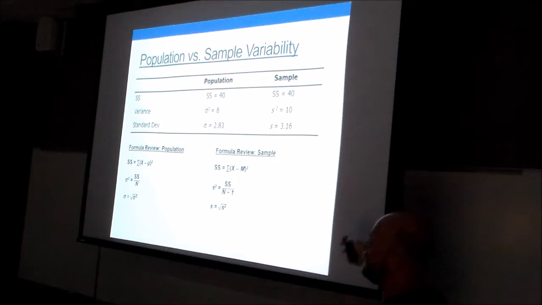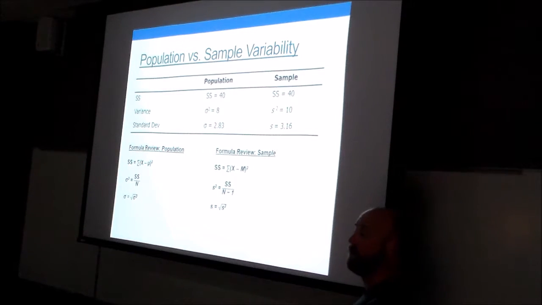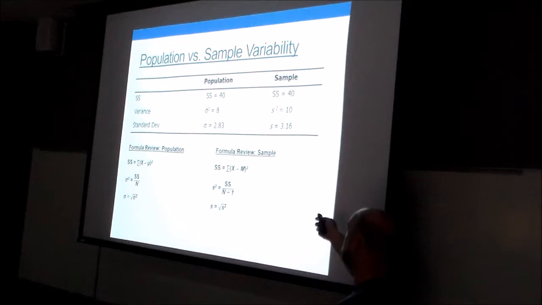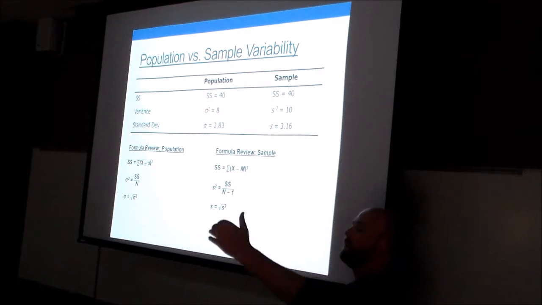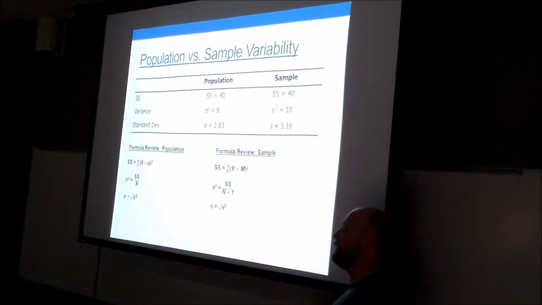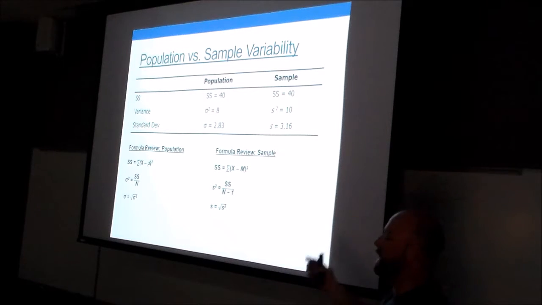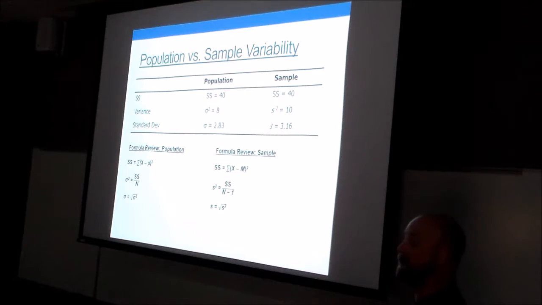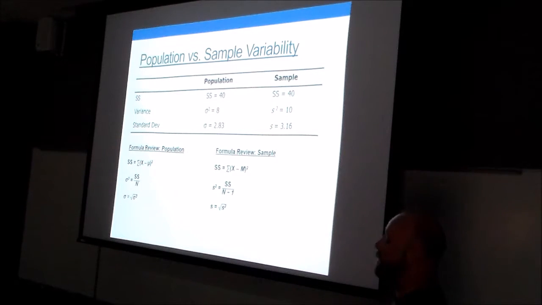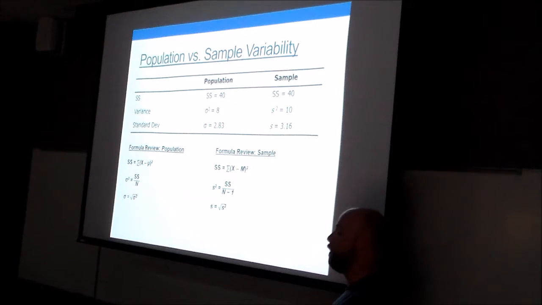But if we say that these are 5 scores from a much larger population, we see this adjustment makes an upward adjustment on our variance estimate to account for systematic bias, particularly in a sample of 5. Dividing our sum of squares of 40 by 4 instead of 5 makes a noticeable adjustment in that variance estimate.